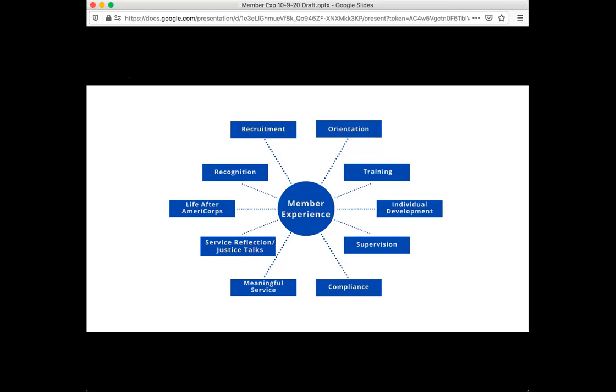Service reflection is a really important part of that individual development and that growth and engagement, and what separates AmeriCorps from just a typical volunteer. We throw in here Justice Talks, which I'll talk about a little bit later, which is a program that ServeRI offers to help your program with service reflection.